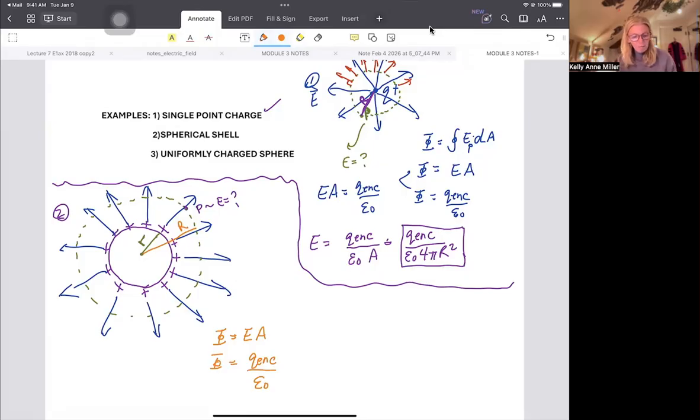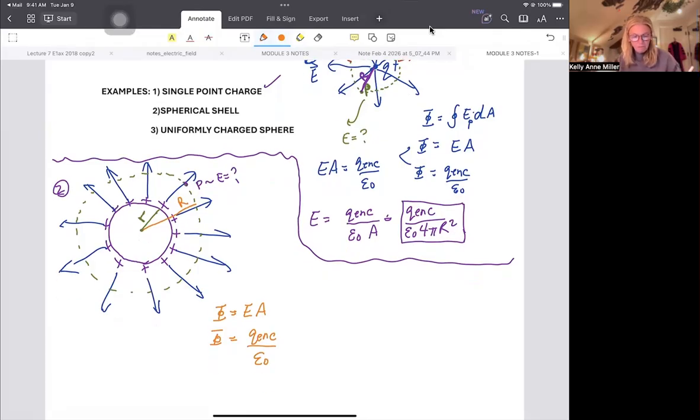This type of problem would define the charge on the spherical shell as, let's call it, capital Q. It's distributed all over, like all of that charge is smeared on the outside of the spherical shell. Let's just call that collectively capital Q. So that would be Q over epsilon naught, and that's going to equal E times the area.